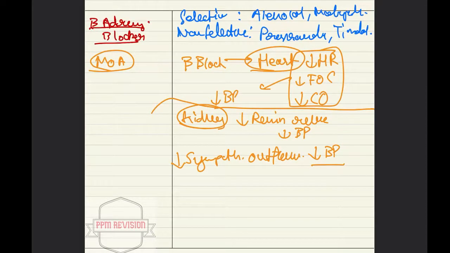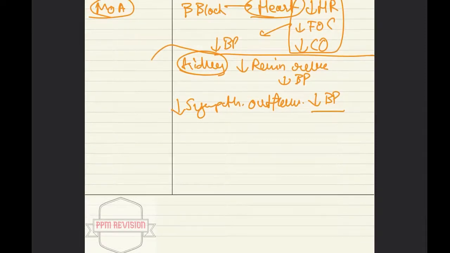Looking at the use, where is it used and where should it be used? These beta blockers are used in young hypertensives and with high renin levels. So people with high renin levels, it can be used.